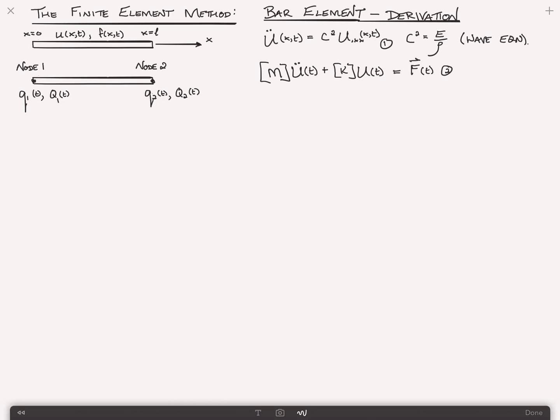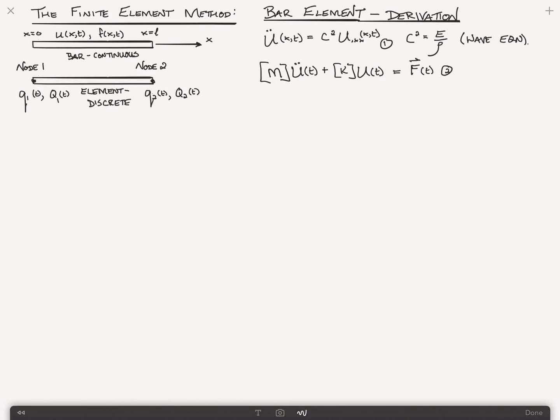Okay, and we'll say that this is a bar, which is continuous, and we'd like to convert it into an element which is discrete. Discrete in the sense that we're only tracking the displacement at two nodes, instead of at an infinite number of points along it.